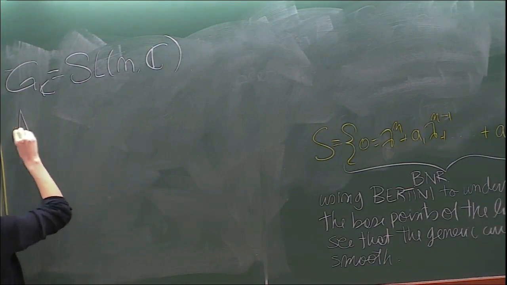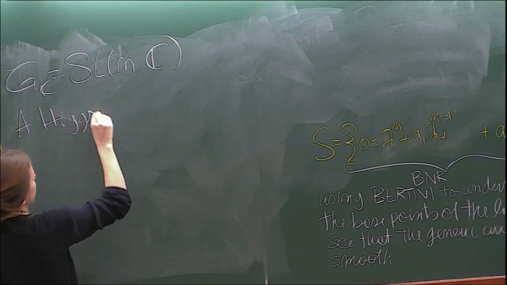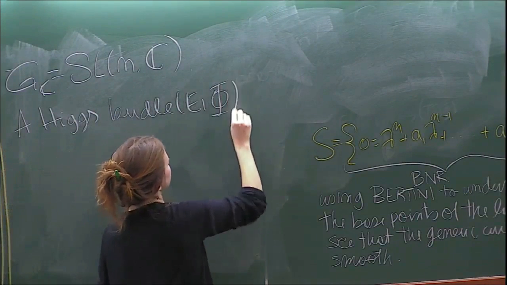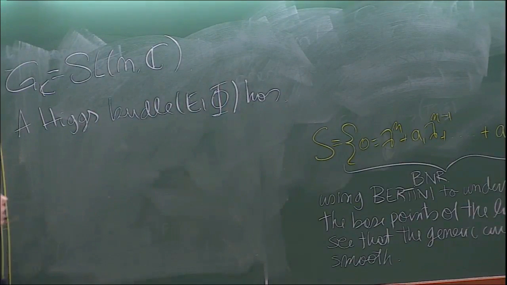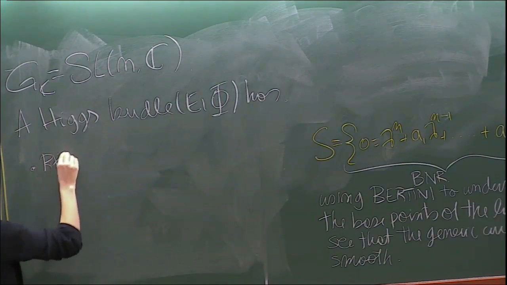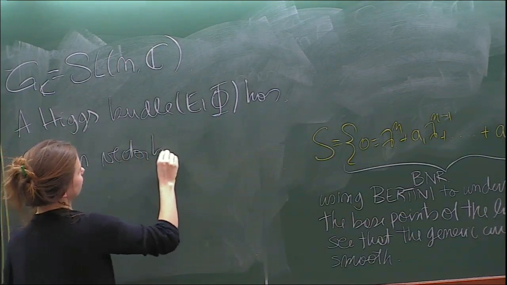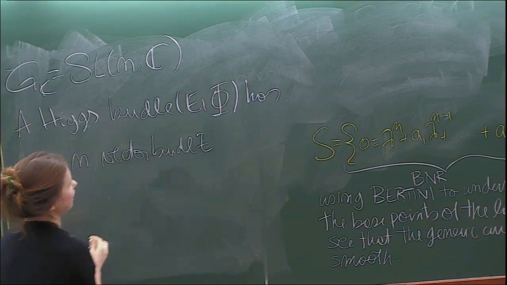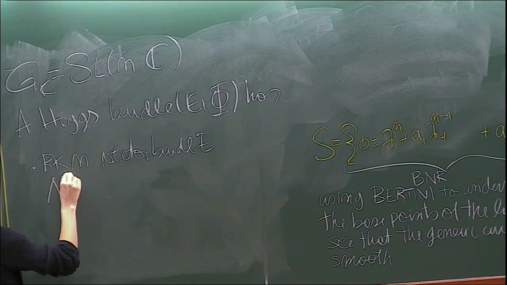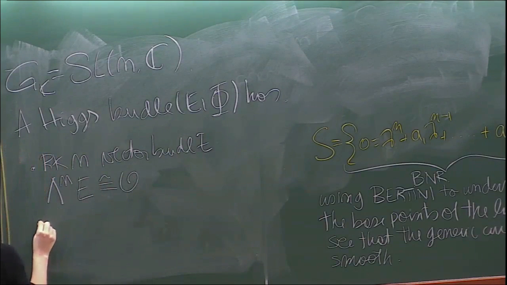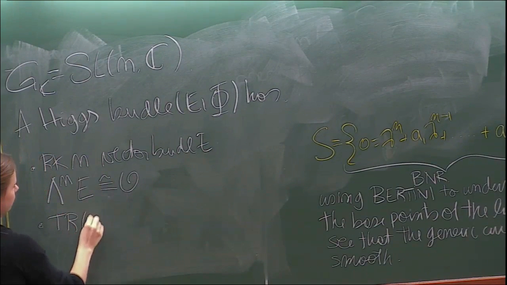A Higgs bundle (E, phi) has a rank n vector bundle E, which has trivial determinant. So the top exterior power is trivial, and the Higgs field is traceless.